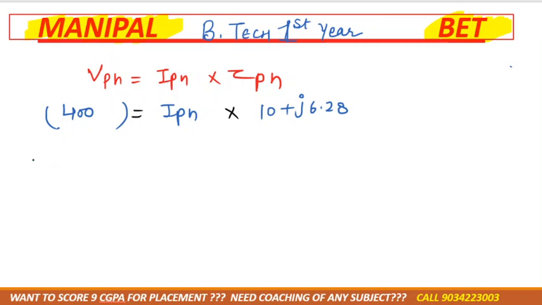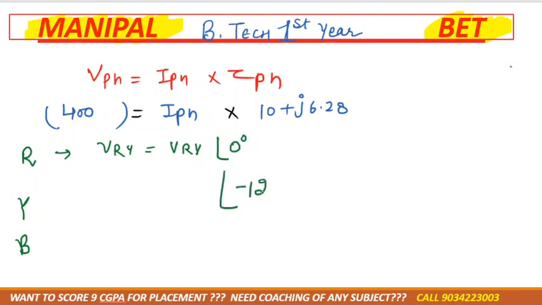Now in this case there will be three cases, one for R, one for Y, and one for B. So the formula is VRY equal to the phase voltage only. If we consider the angle also, the first angle is always 0 degree, the second angle is always minus 120 degree, the third angle is always minus 240 degree.